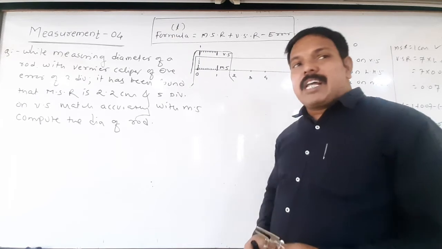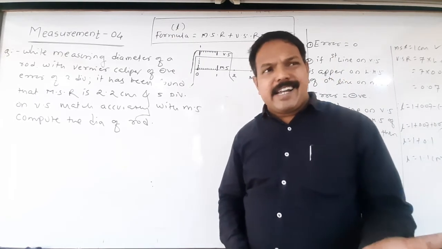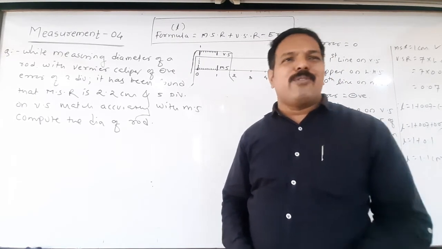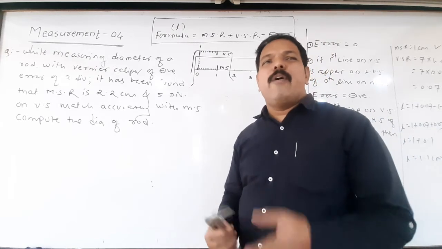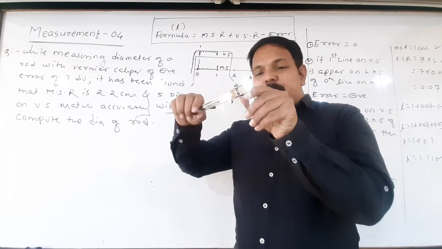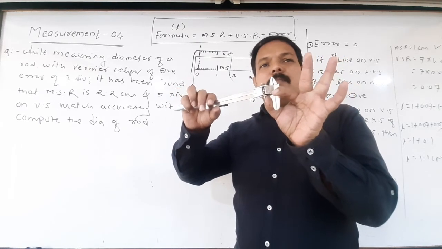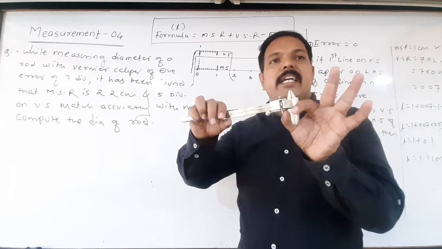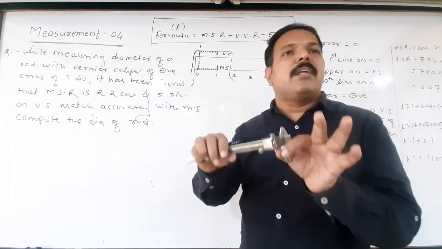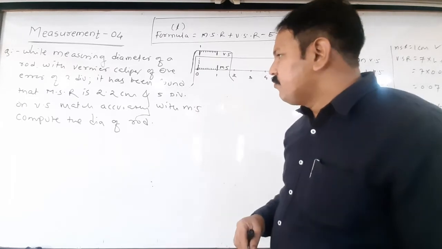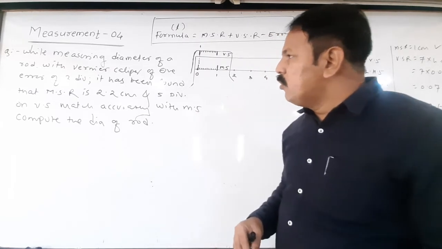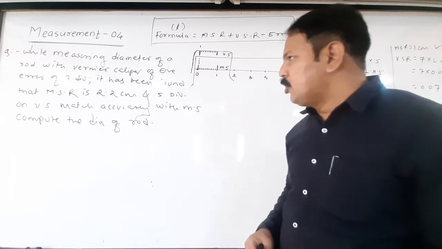As far as numericals are concerned, negative error or positive error is directly given. But practically, after locking this, you have to observe whether the first division of the vernier scale is on the left hand side or right hand side of the 0 on the main scale.